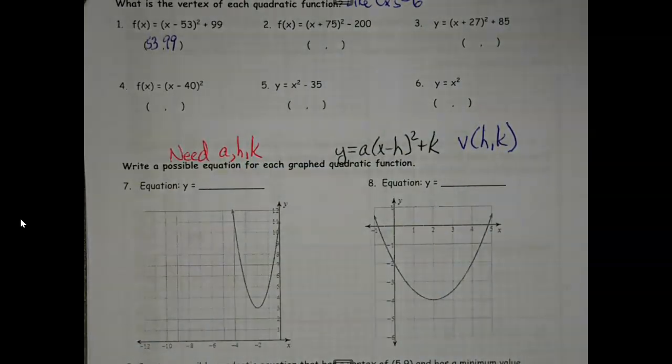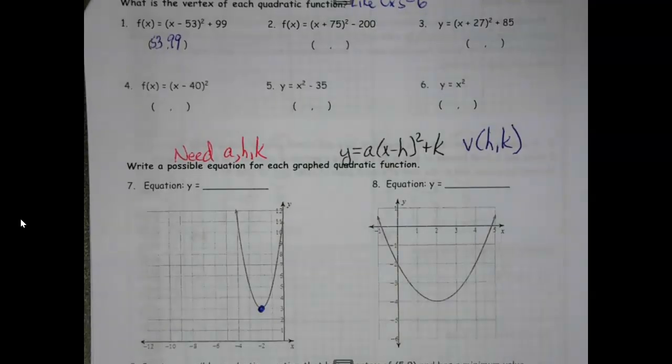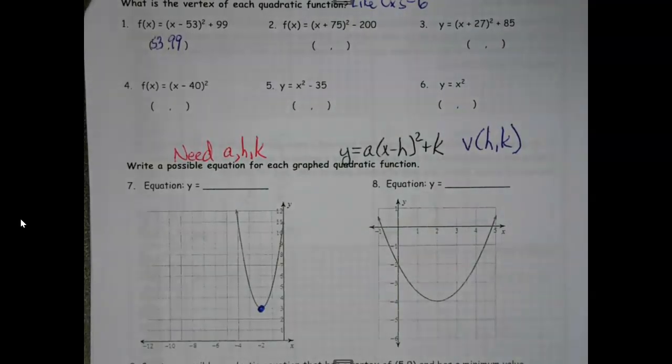Well, H and K is not going to be a problem, because H and K is just saying you need to find where the vertex is.